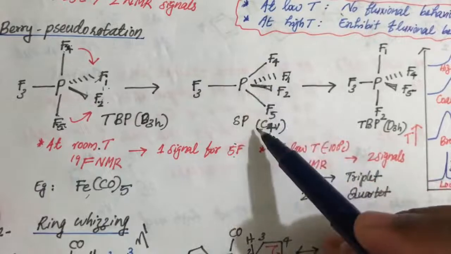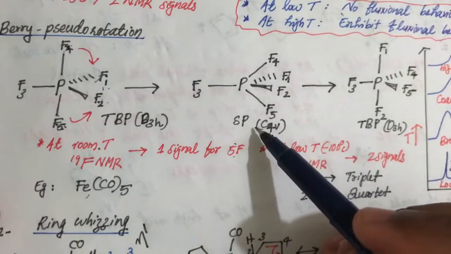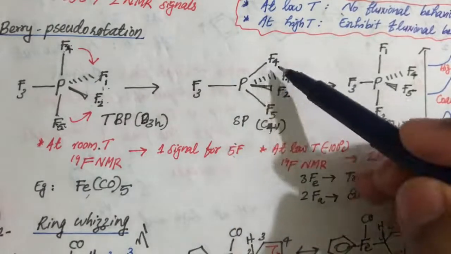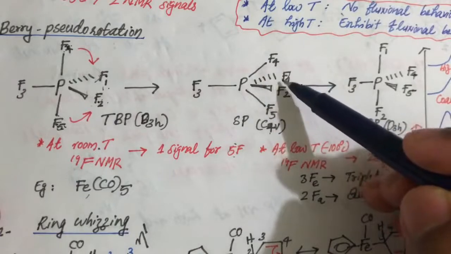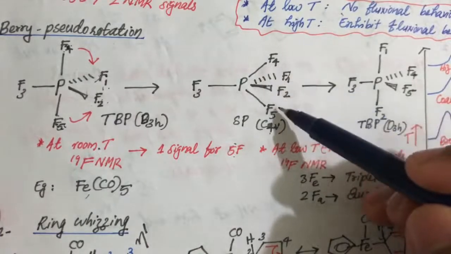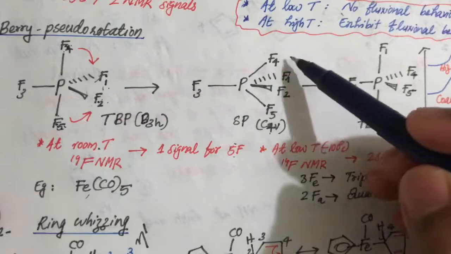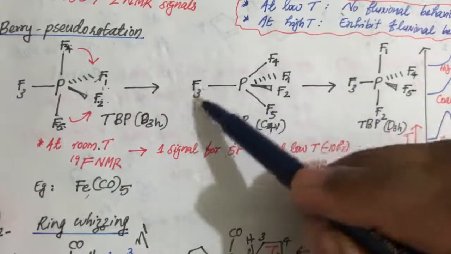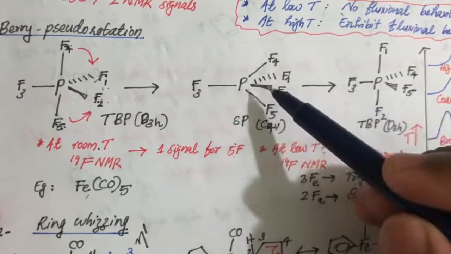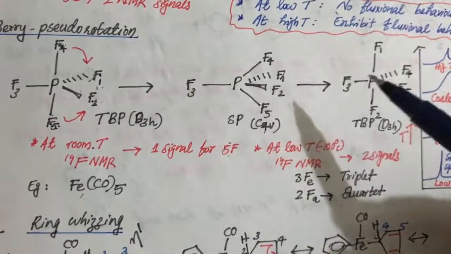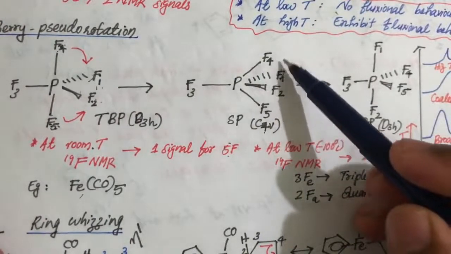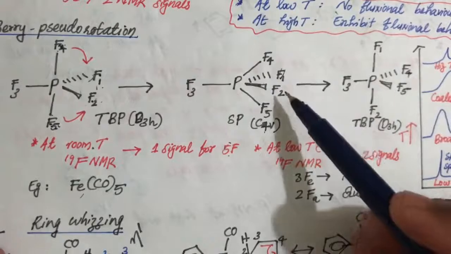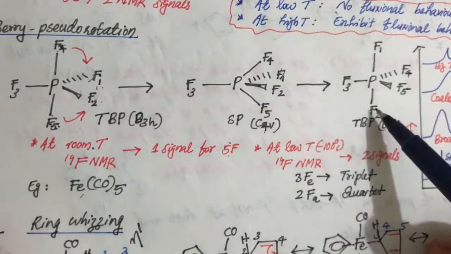Now it becomes a square pyramidal structure. A square pyramidal structure in the sense that these 4 bonds are at the corners of a square. Now it is in the axial position. And finally, this F1 becomes this position, this F2 becomes this axial position.